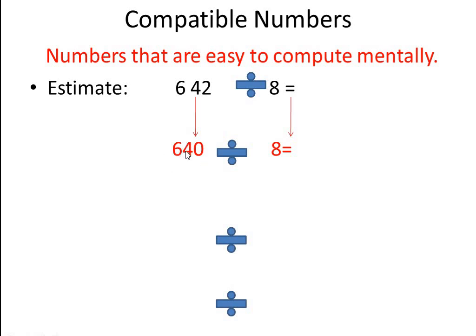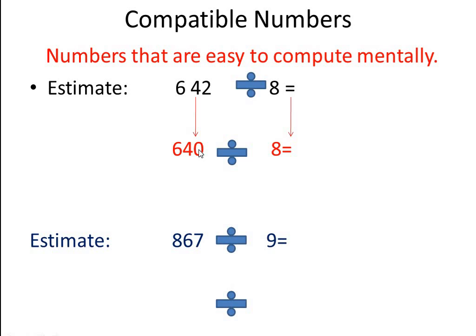Why? Because 64 is a multiple of 8. 8 times 8 equals 64, and the 0 will not affect the answer or make finding the answer difficult. So this is a kind of estimation.